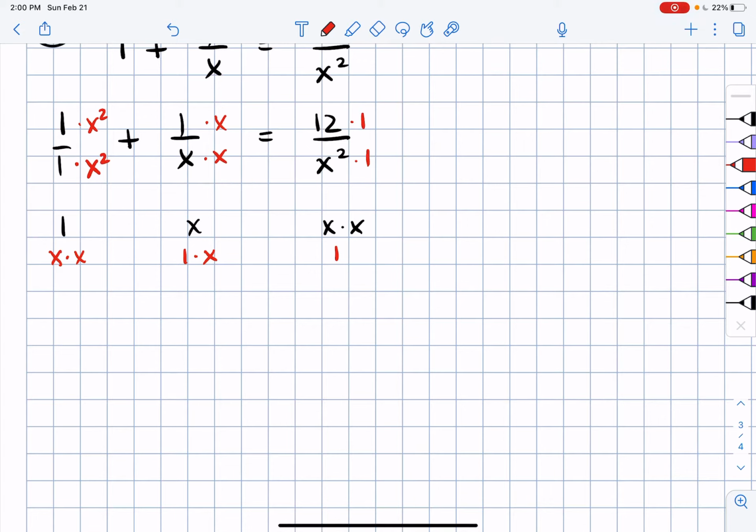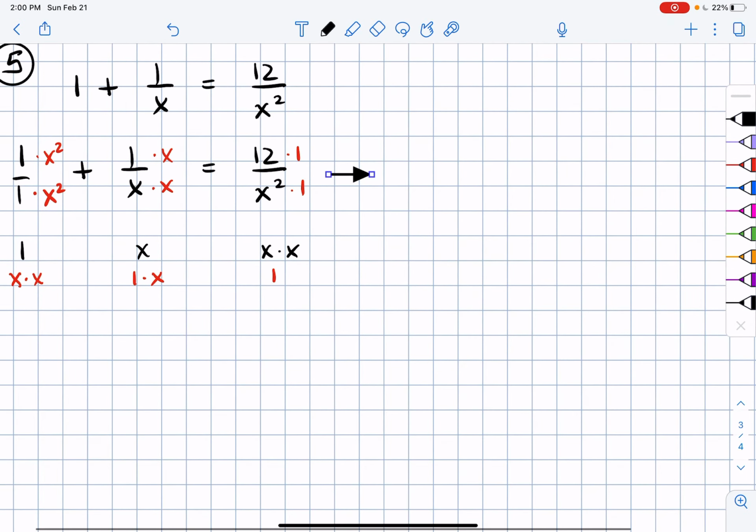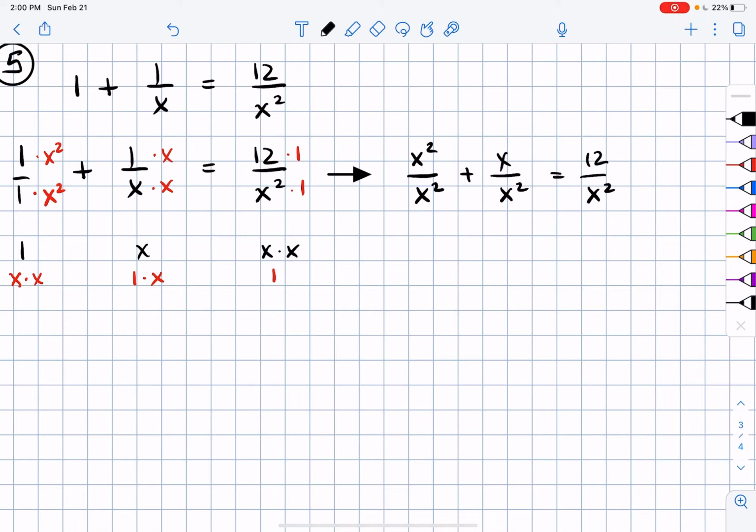So what do I get based on that? What I get then is a x squared over x squared plus x over x squared is equal to 12 over x squared. Okay?